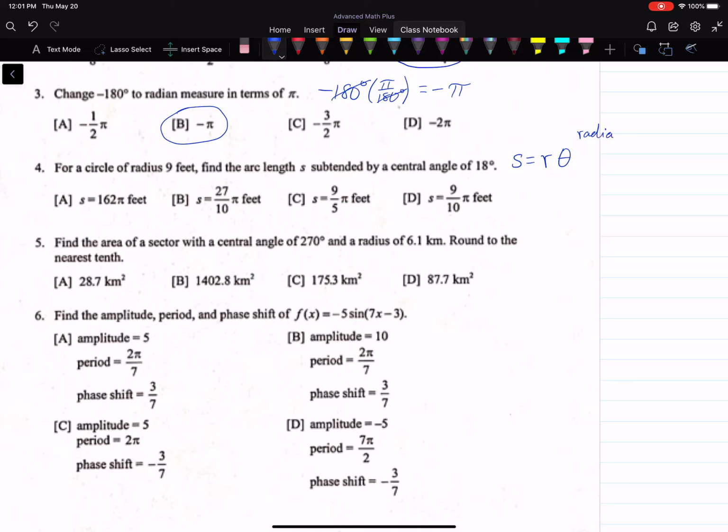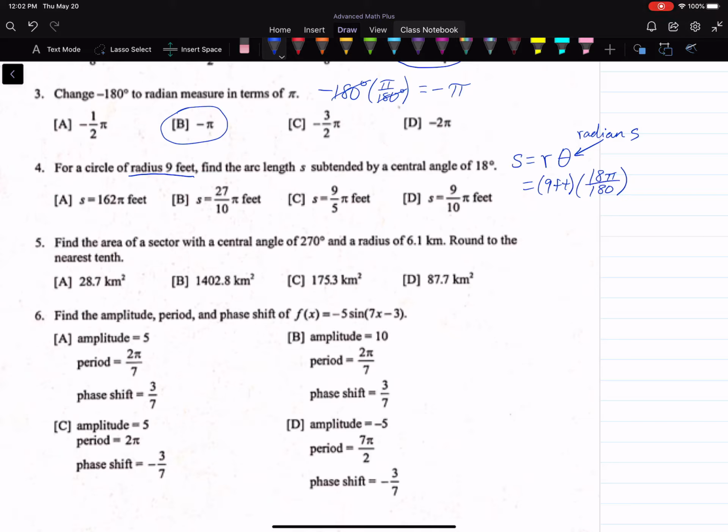So if it's not in radians, you have to make sure it's in radians. But after that, you just plug in. It tells us that my radius is 9 feet, and my theta is 18 degrees, but I'm going to change that to radians by saying 18 pi over 180. It's the easiest way to do it.